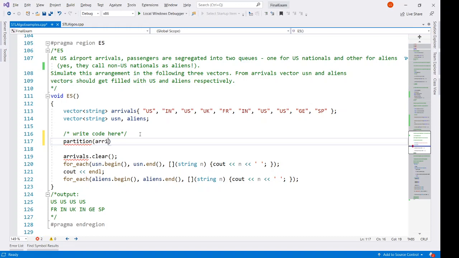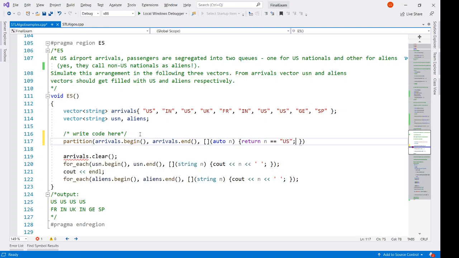Partition the arrivals vector, whole of it, and the predicate for partition is that we want the nationality US to be returned as true.